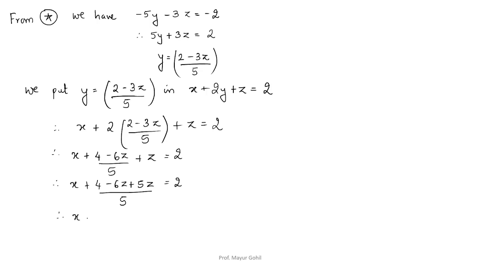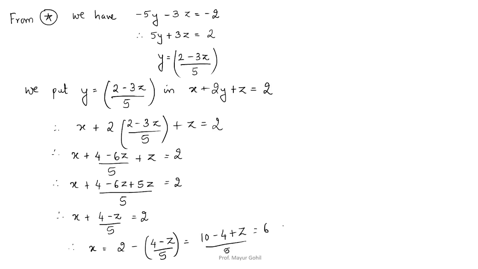Therefore x plus 4 minus z over 5 is 2, which means x is equals to 2 minus 4 minus z over 5, which is 10 minus 4 plus z over 5, which is 6 plus z over 5. We get that.